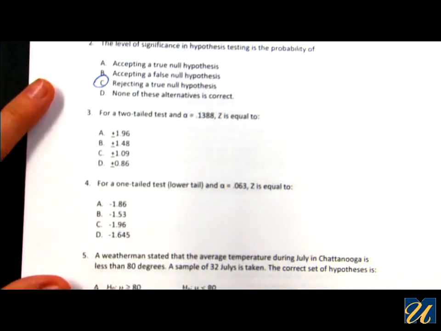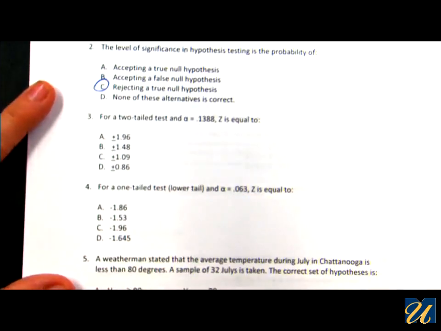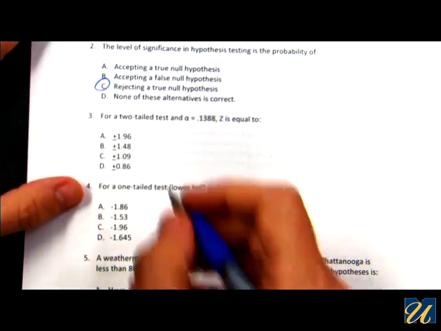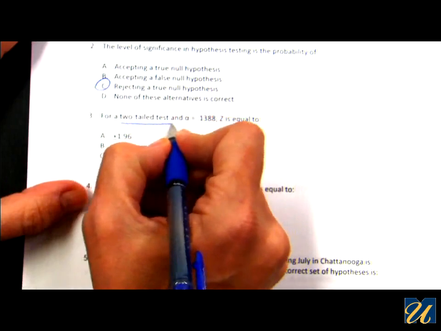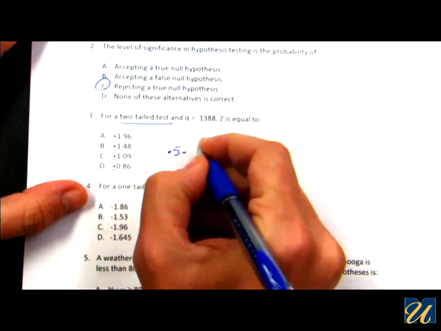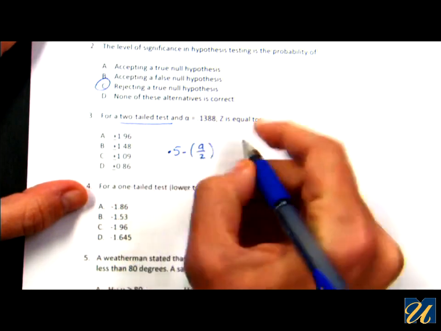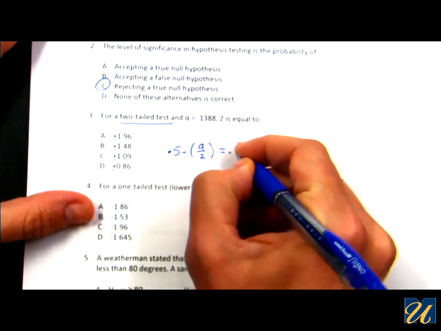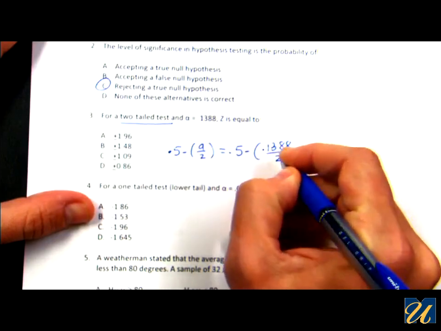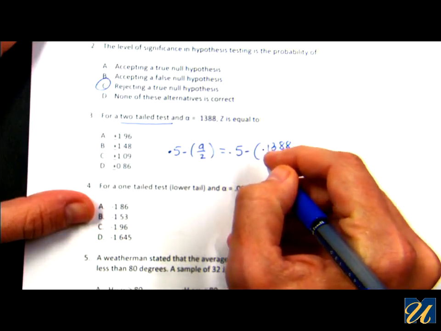For a two-tailed test, with alpha equal to 0.1388, z will be equal to what? So how to find the critical value? We know that it's a two-tailed test. Since it's a z, we're going to do 0.5 minus alpha divided by 2. So 0.5 minus 0.1388 divided by 2.